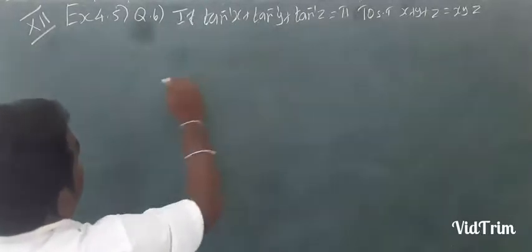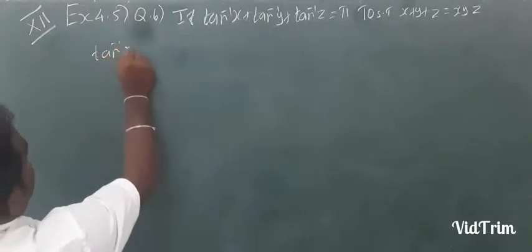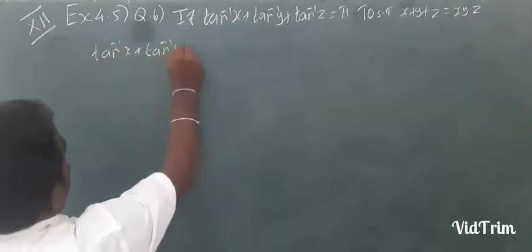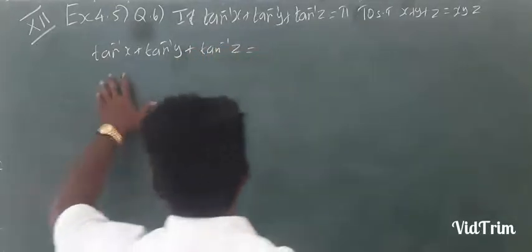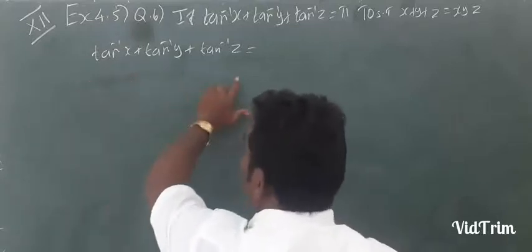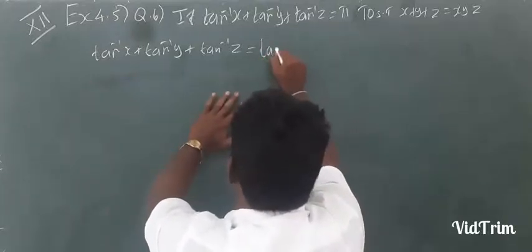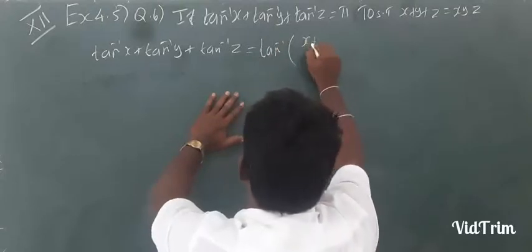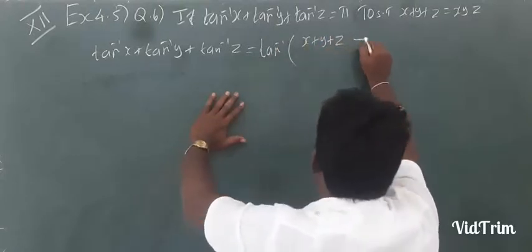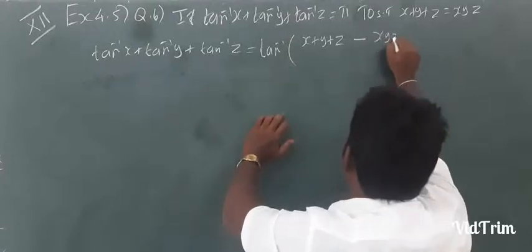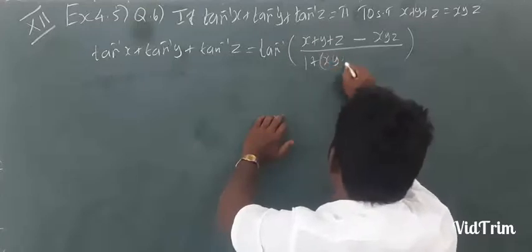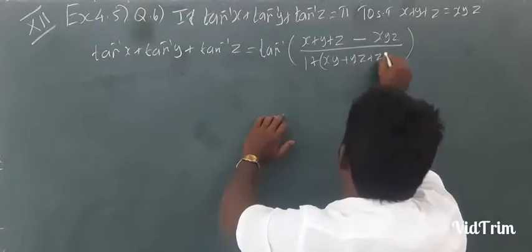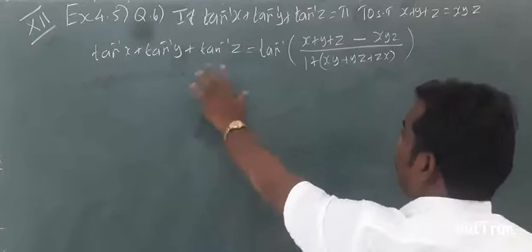We take the first one, tan inverse x plus tan inverse y plus tan inverse z is equal to, I select any two numbers as A and one number as B. So it is tan inverse of x plus y plus z minus xyz divided by 1 minus xy minus yz minus zx. That is the formula for this.